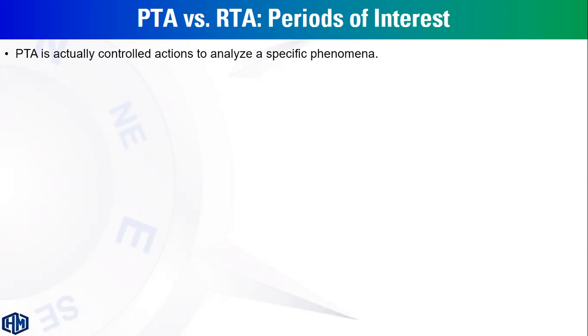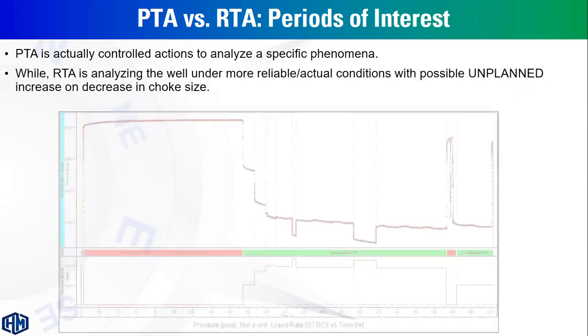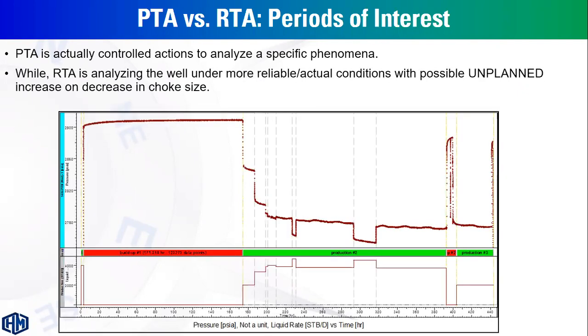But for rate transient analysis, RTA, the well is producing at actual, more reliable conditions without any control, without planning of a specific choke size, so we cannot increase or decrease the choke size during rate transient analysis, unlike the case of pressure transient analysis.